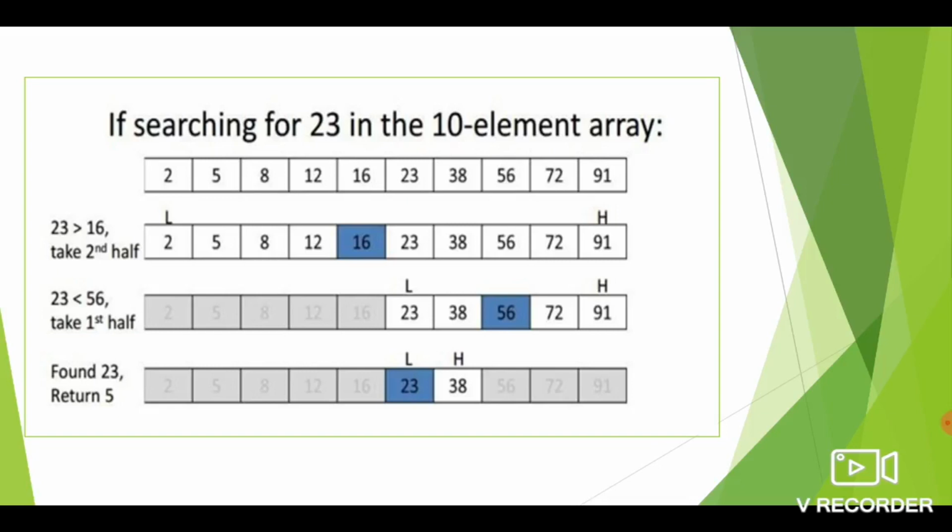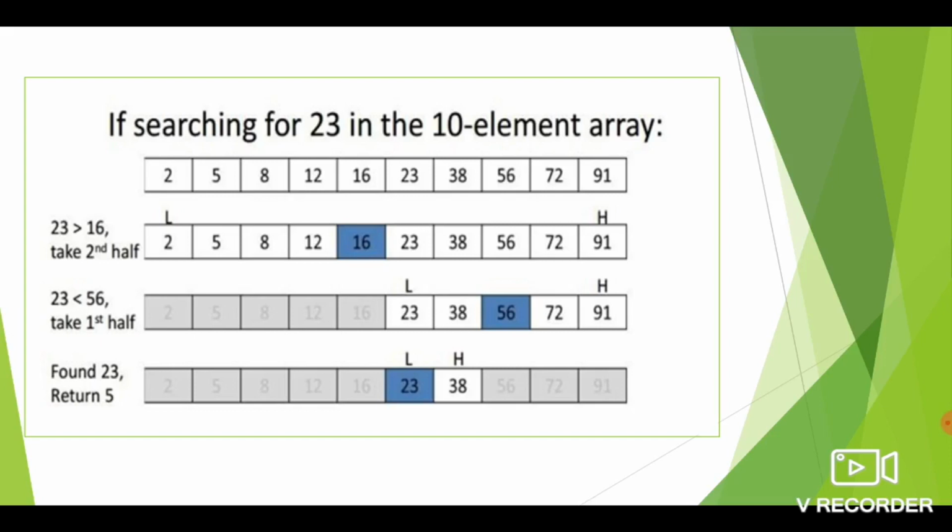There is no possibility of the value 23 on the left, so no need to search the elements on the left. That's why the elements 2, 5, 8, 12, 16 are shaded. We have to check for 23 only on the right.